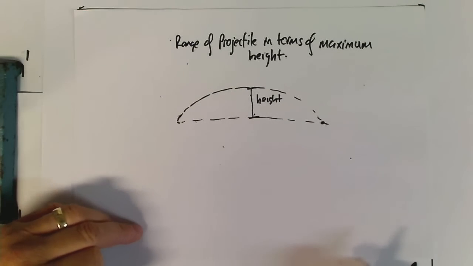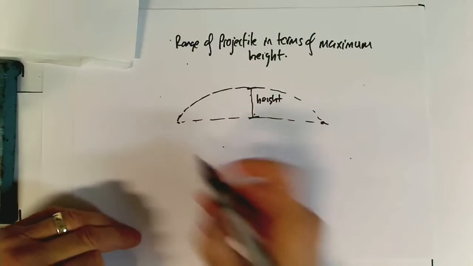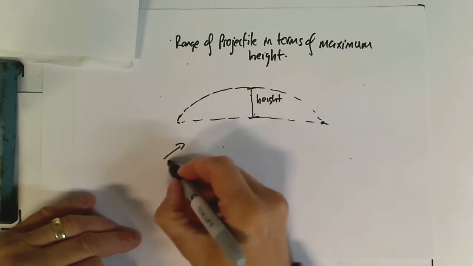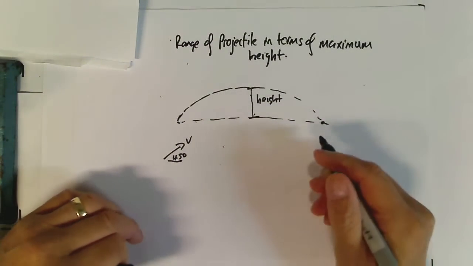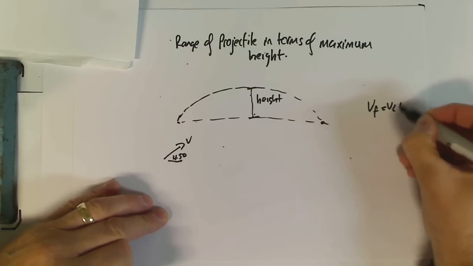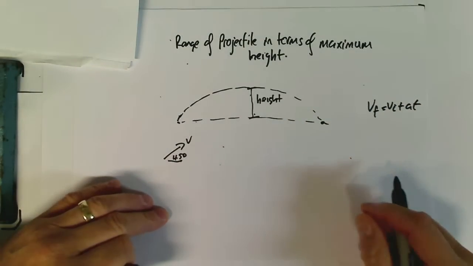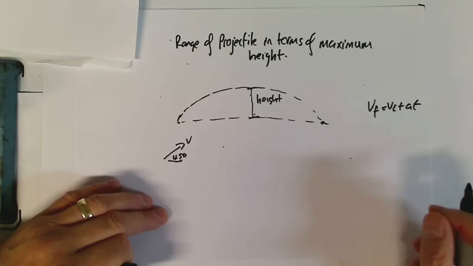Now, based on our equations, we know, given that it's got a launch velocity of V, then using this equation here, Vf equals Vi plus At, we know that at maximum height its final velocity is going to be 0.